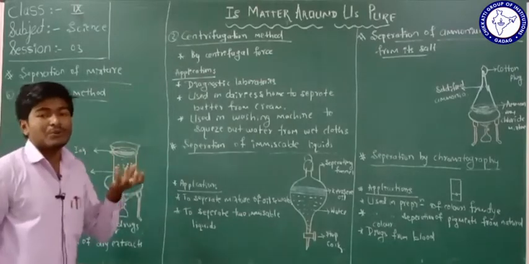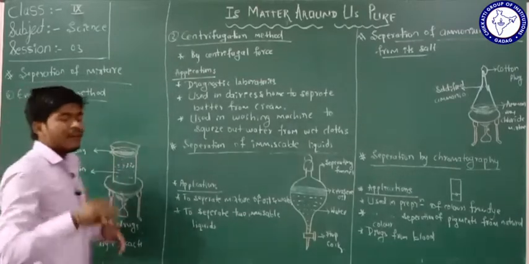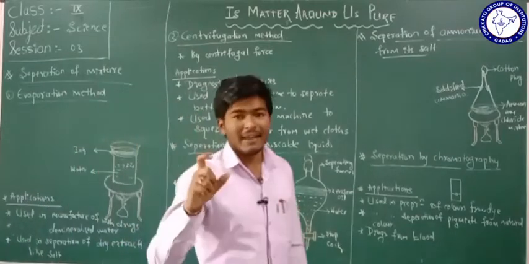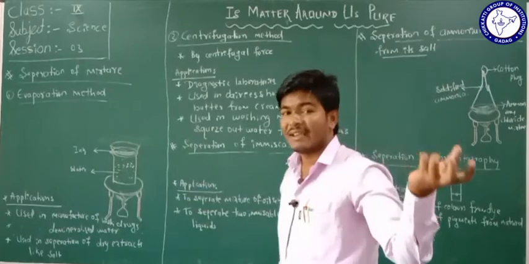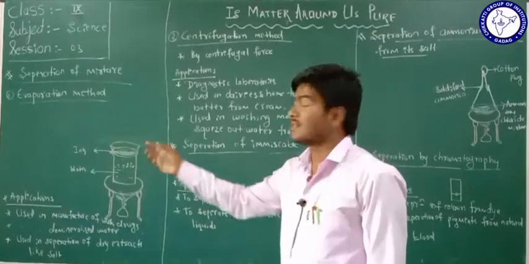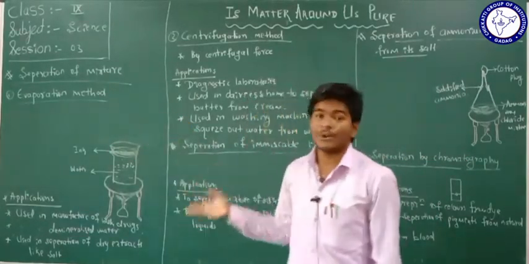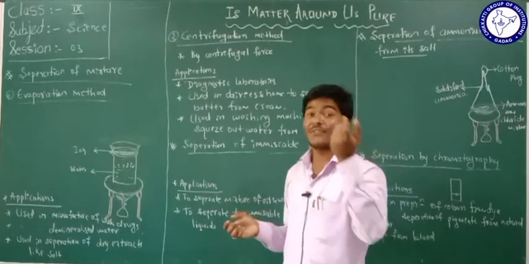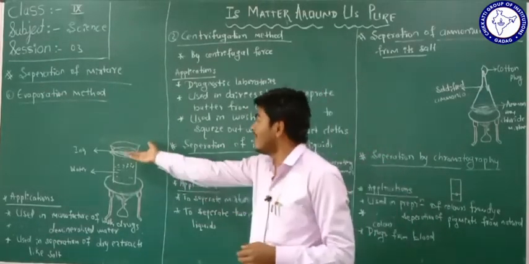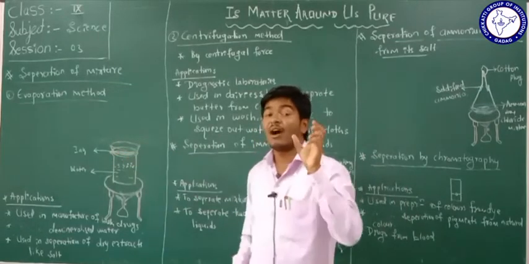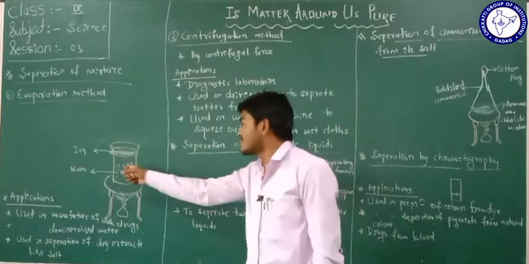The ink is a mixture of ink dye and liquid drops. In this method we separate the ink dye from the liquid. We heat the ink not directly, but with the help of the steam of water.